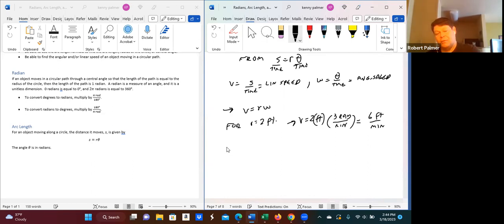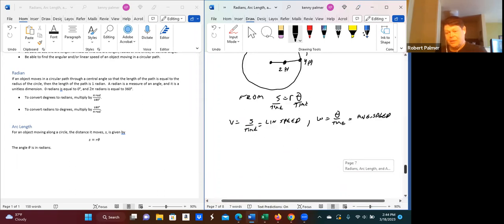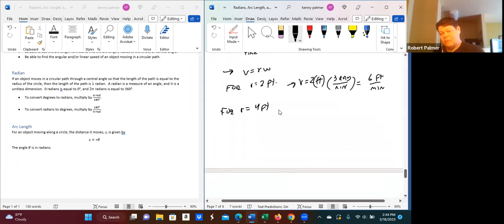Now let's also do the other one. R equals 4 feet. If we look here, we're twice as far out, so let's see what effect that has. We know it's going to be faster because you're covering a greater distance in the same amount of time. For example, in one revolution, they both cover 2 pi radians, but this one covers a greater distance because it's further away from the center. So for 4 feet, it's exactly the same, except replace the 2 with 4.